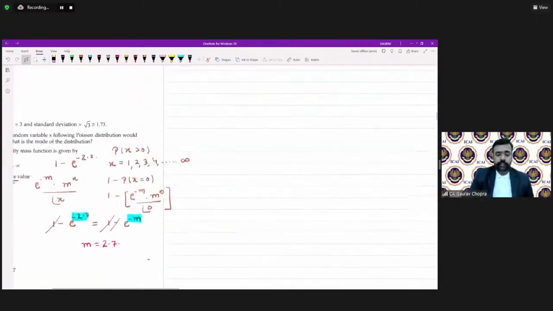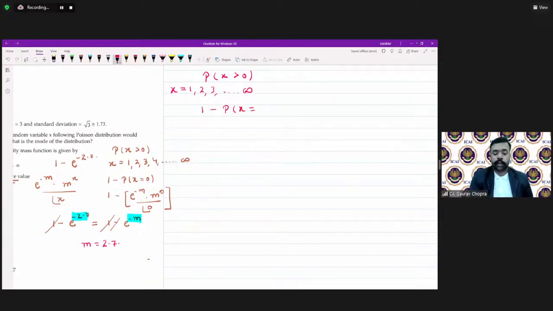Here there is a positive value. Positive value means x will be greater than 0. Whenever it is greater than 0, it is 1, 2, 3, and so on up to infinity. So for solving this, we have to do 1 minus probability of x equal to 0. So 1 minus e to the power of minus m, m to the power 0 upon factorial 0.